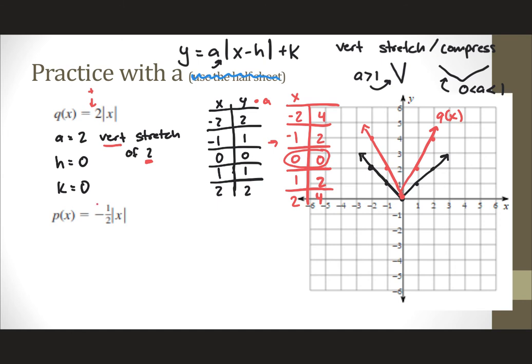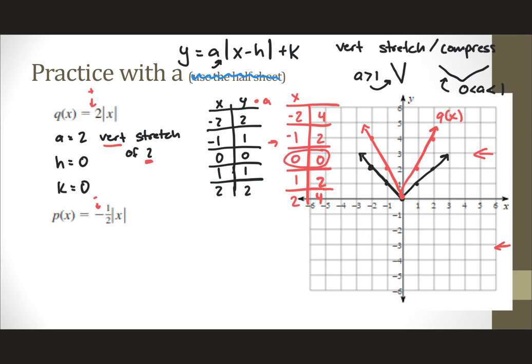If I look at P of X, A is negative. Right? Now, on that first slide, I mentioned that A does a vertical flip. Here we go. If A is positive, the graph is going to be pointing up. If A is negative, the graph will be pointing down.